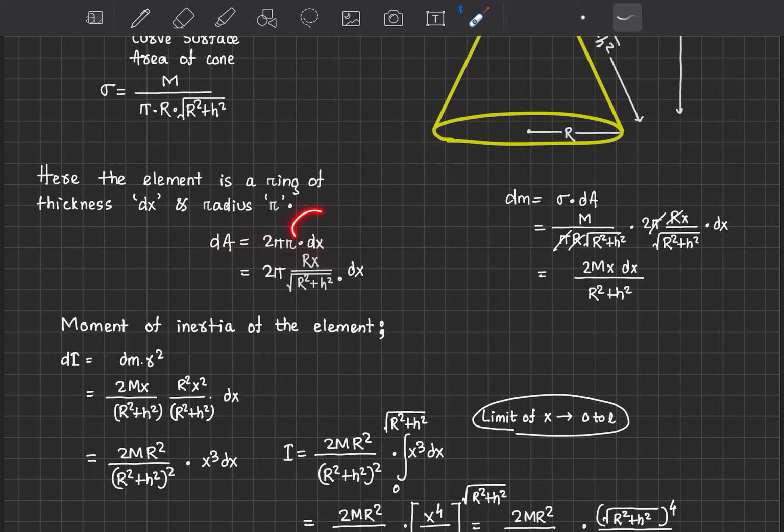After putting the r value, we get the area value. Now the mass of the small ring dm will be sigma into the small area dA. The sigma value we have already calculated, M by pi R L, into dA. So we get the dm value as 2 M x dx by R square plus h square.